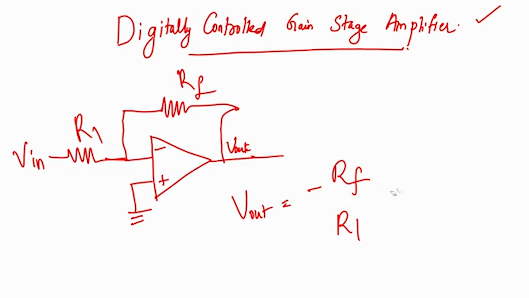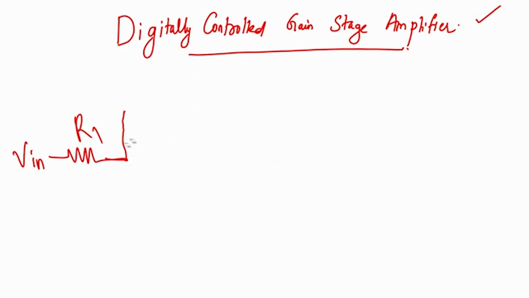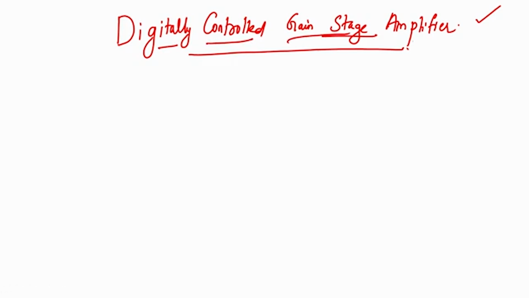Now what we are trying to do here today is not exactly related to any of this. Will it be possible for us to, on the fly, using digital logic, change the gain of an amplifier? That is what is meant by digitally controlled gain stage amplifier. So how can we do that?